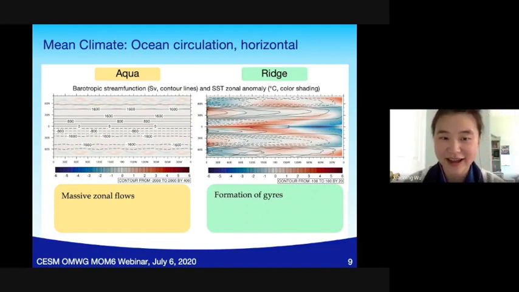Aqua just has these massive zonal flows. In the Ridge case, that is dampened a lot and the magnitude of the flow is reduced, and we see the more familiar double-gyre kind of circulation with the warm pool and the cold tongue in the background.